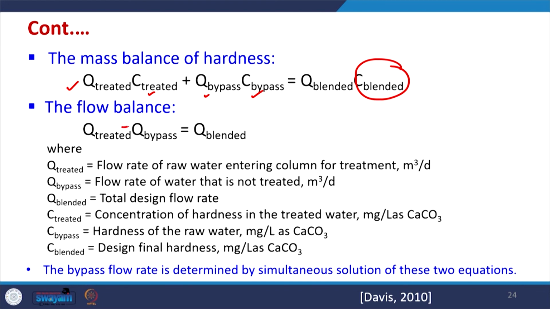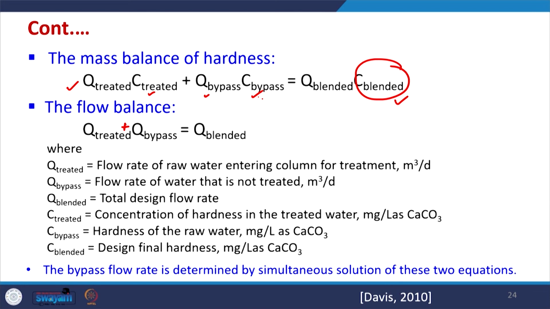The flow balance will be: Q treated plus Q bypass equals Q blended. Through these we can determine the bypass flow rate, because C blended we already know, the concentration after treatment is also known, and the concentration without treatment is also known.